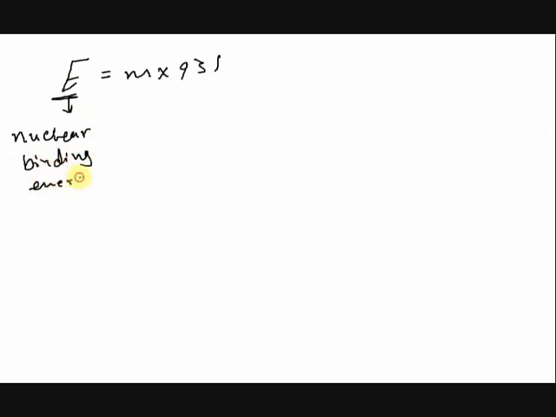The relation used to calculate the nuclear binding energy is E equals mass times 931, where the energy is the nuclear binding energy in million electron volt, which is the unit of nuclear binding energy, and the mass is the mass defect in atomic mass unit.